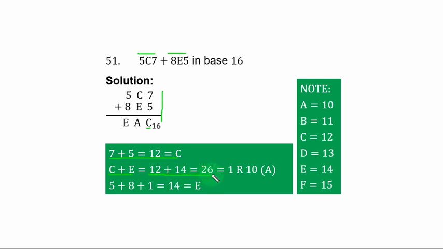In base 16, you cannot write 26, so you divide it by 16 and you have 1 remainder 10. You put down remainder 10.